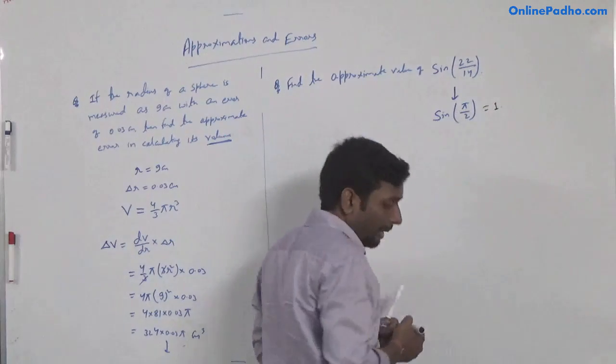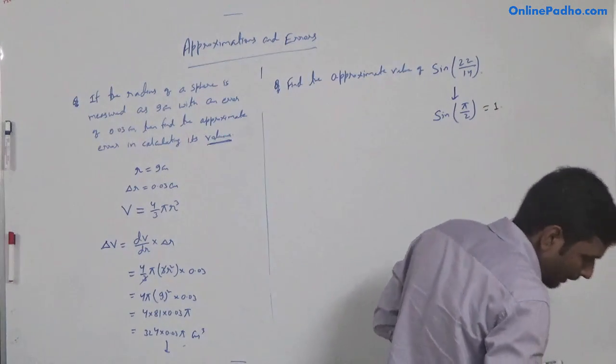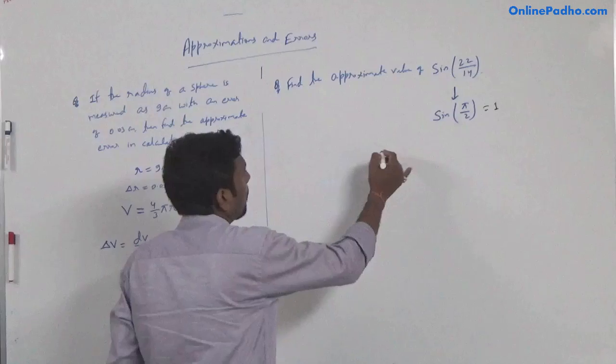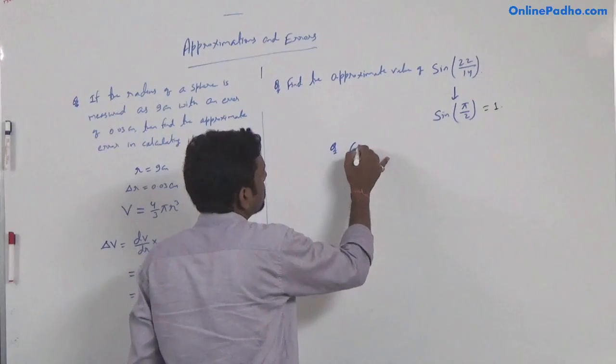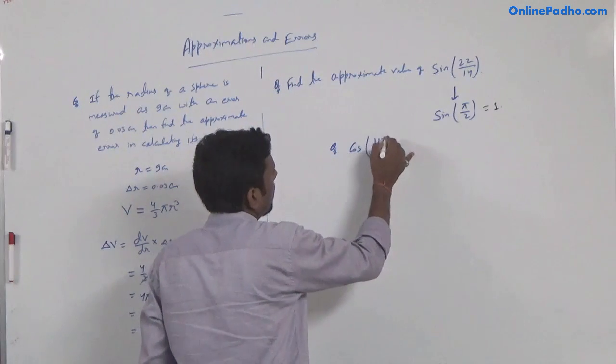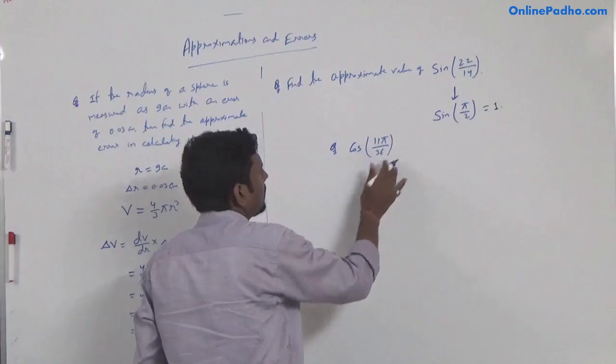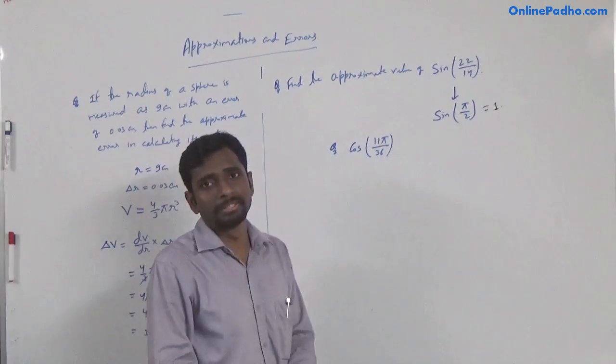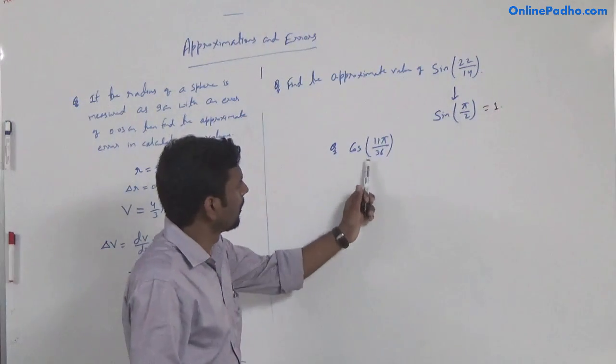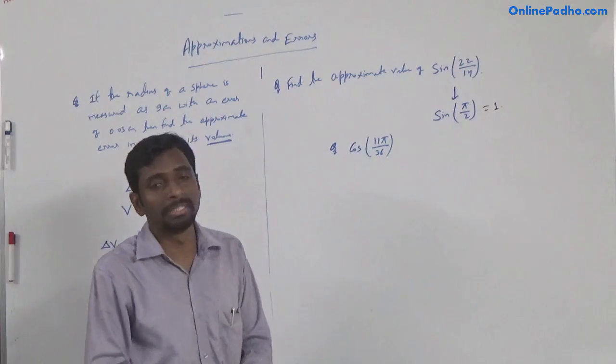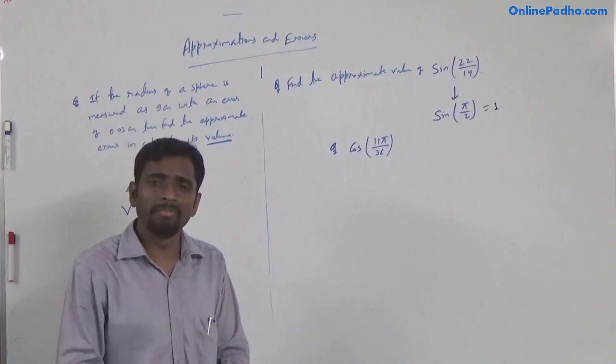Very simple. But if we have to find the approximate value of cos 11 pi by 36, then we need to solve to find this. So how can we simplify this?